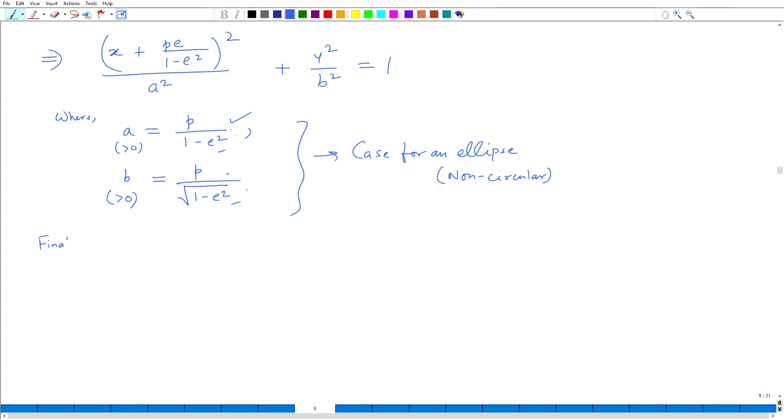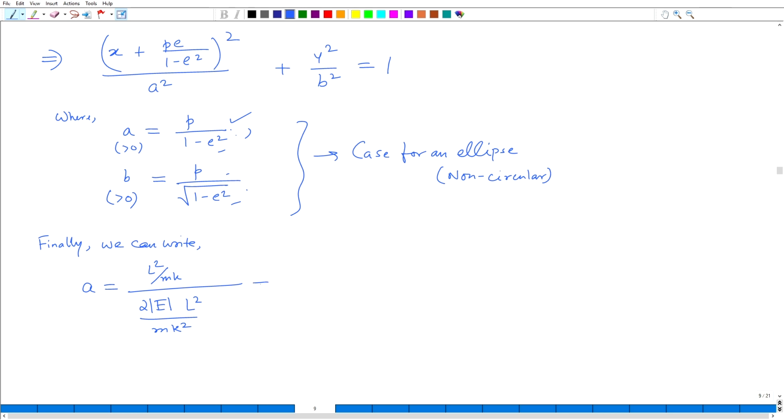we can write a is equal to L square by m k, that is p, by 1 minus e square, which is nothing but 2 mod of e L square by m k square. Mod of e means the positive value of e.